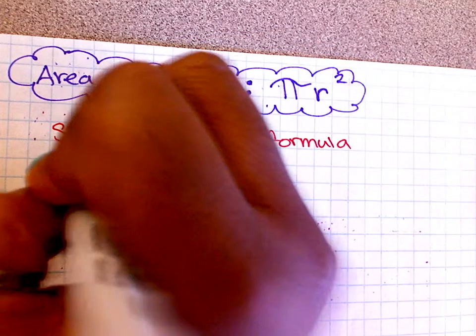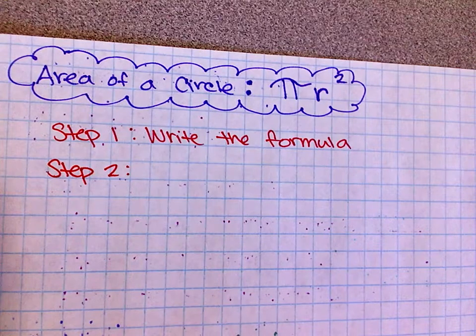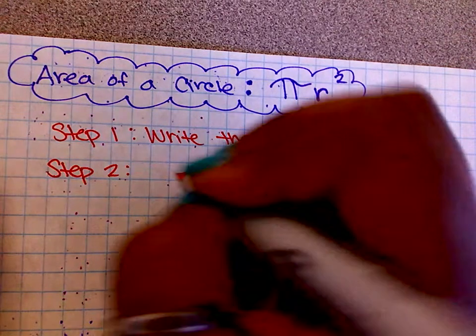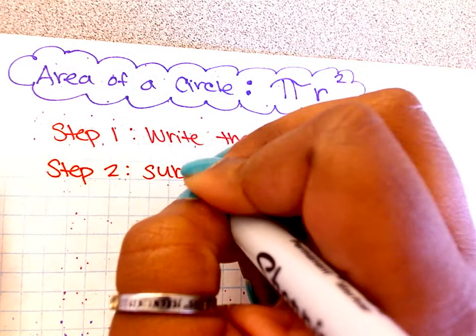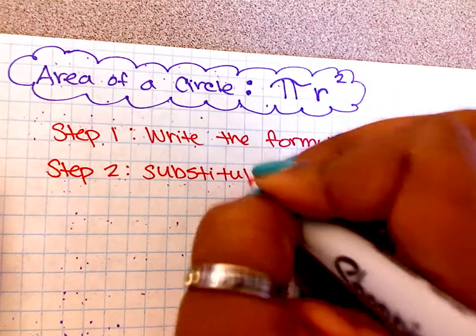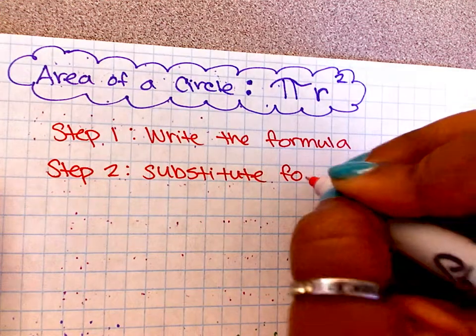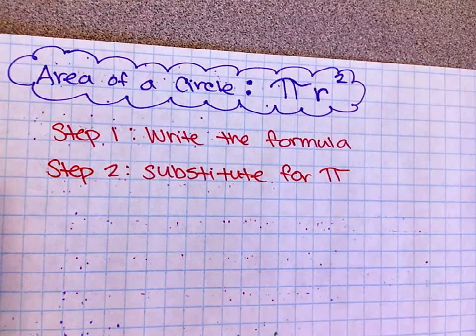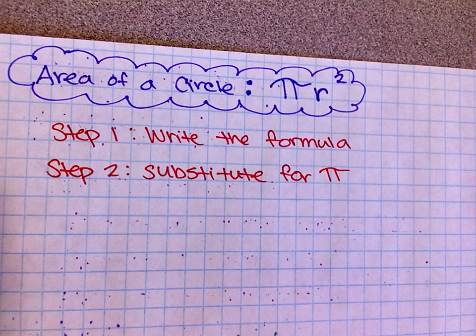Step 2. After you write the formula, you're going to substitute, which means replace, for pi. That means you're going to replace pi with 3.14, or 22 over 7.